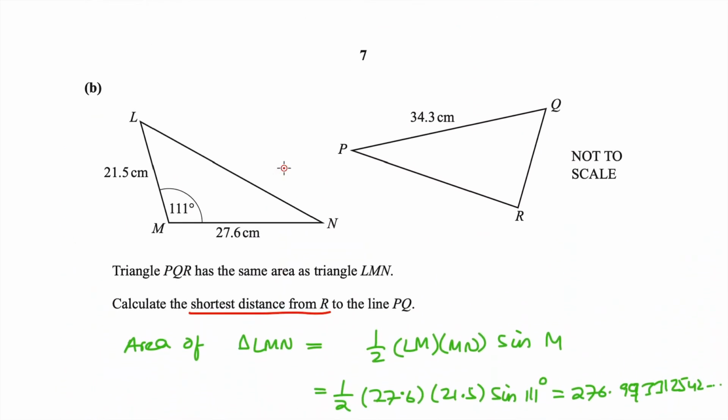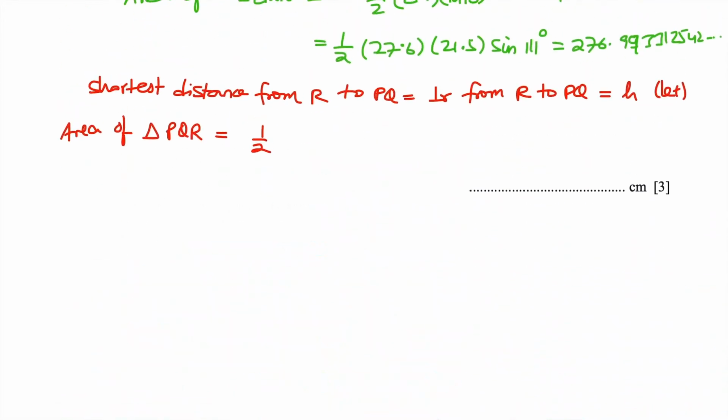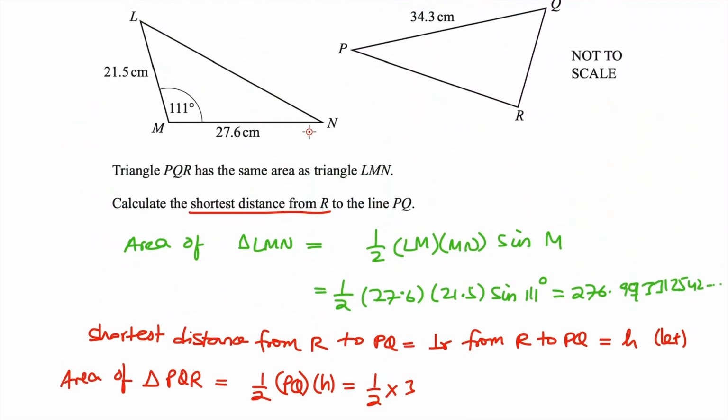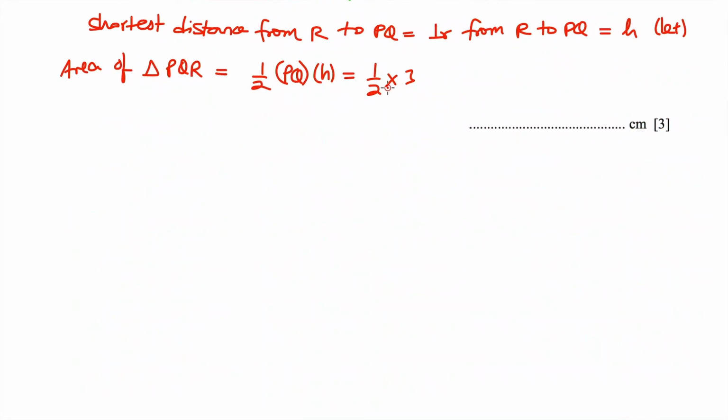So if I draw a perpendicular from R to PQ, I can take PQ as the base. So I can write area of triangle PQR is equal to half PQ into H. This is equal to half into 34.3 centimeters.